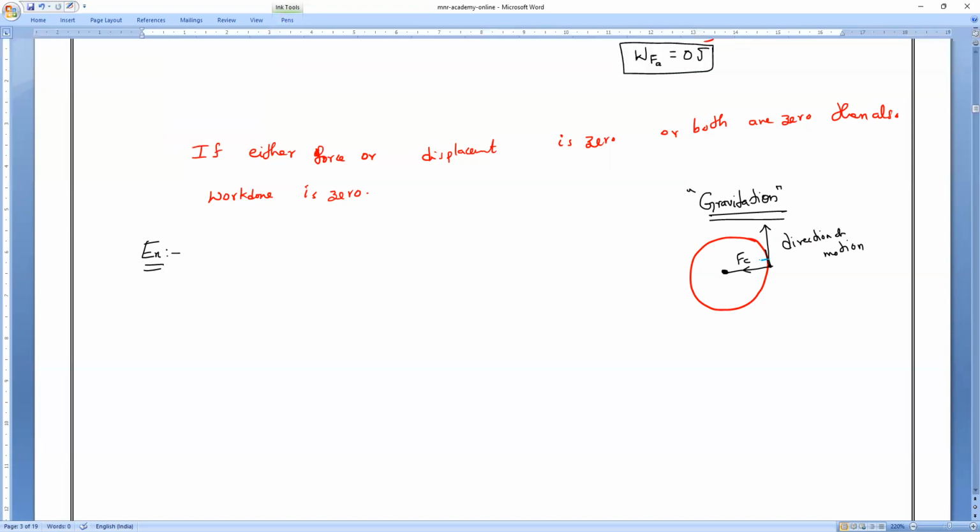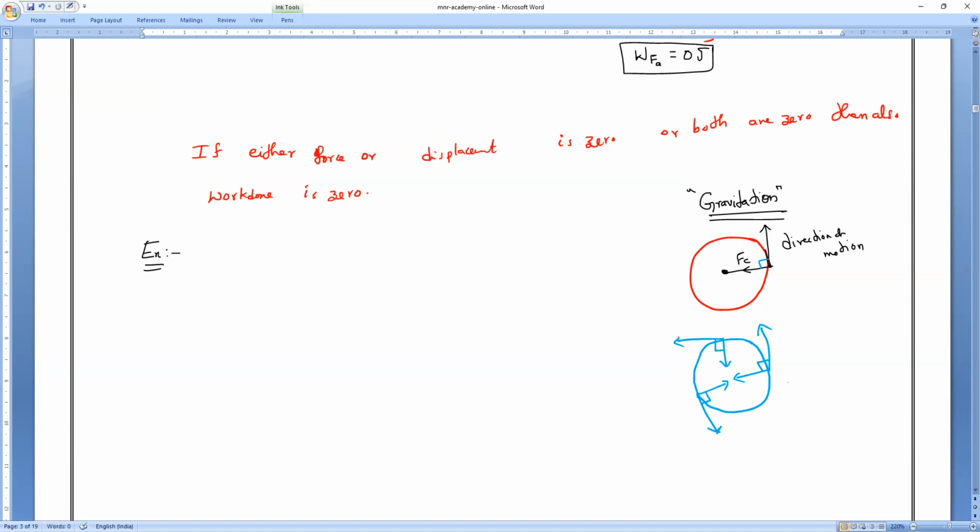So, the angle between them, the direction of motion and centripetal force. This is the concept on which I spent more time when teaching you. At any point, any direction you take, what is the angle between the direction of motion and the centripetal force, everybody? 90 degrees. Both are always perpendicular to each other.